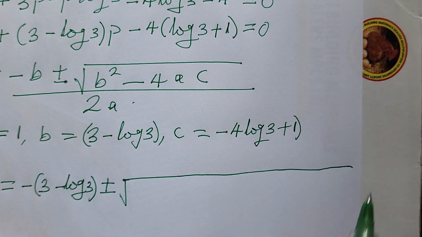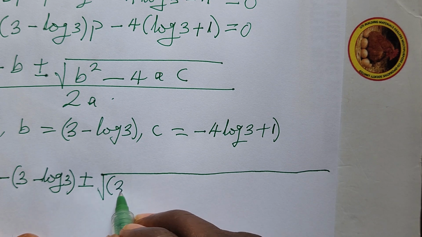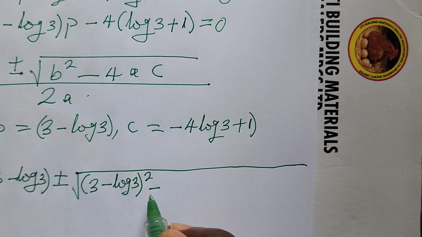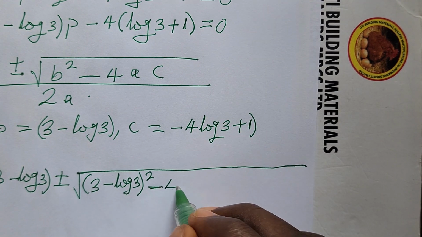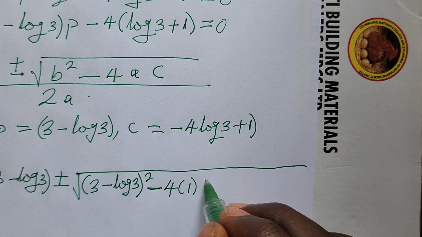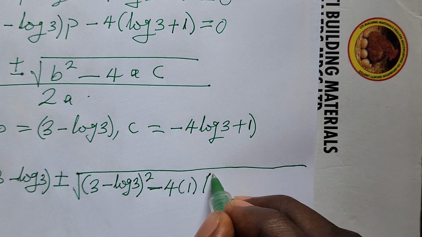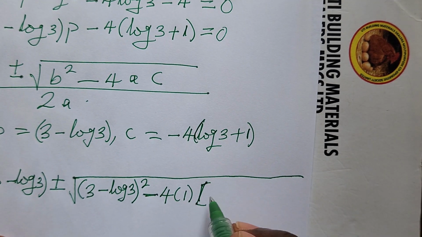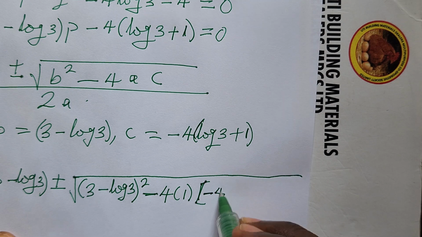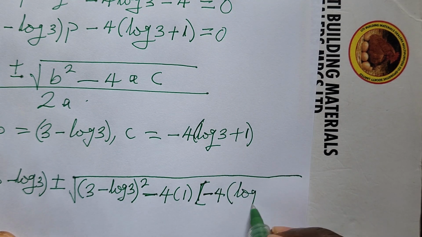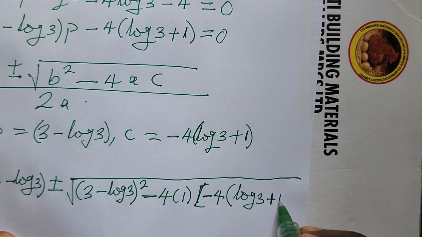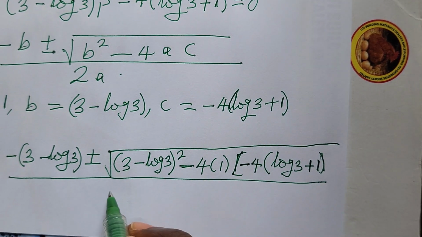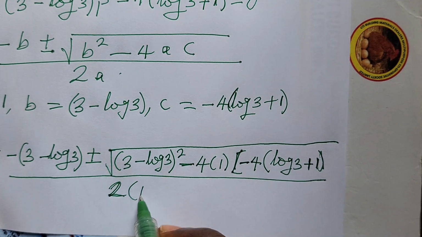So we're going to have here bracket 3 minus log 3 all to the power of 2, minus 4 into 1 close bracket, then bracket minus 4 close bracket into bracket log 3 plus 1 close bracket, everything all over 2 into 1.